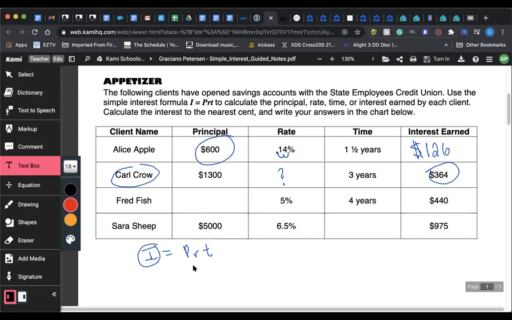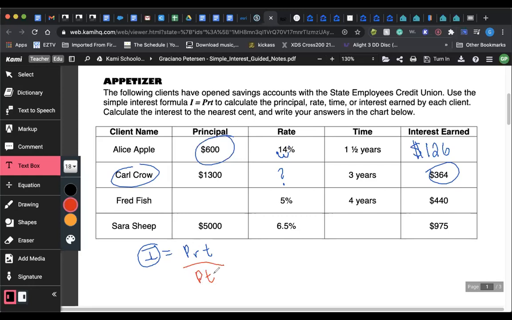Okay, great. So I'm going to divide away the P and the T from my R so that I get my R by itself.